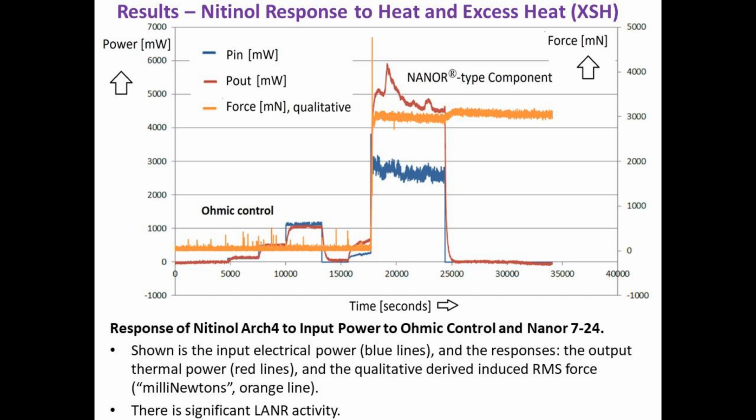Same thing for the first portion of the input power to the LANR type component. It's not until the second region that the phase change has passed, and now the nitinol can respond as expected.